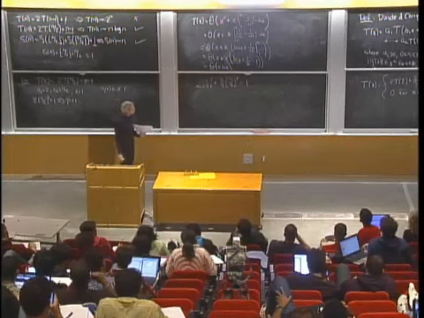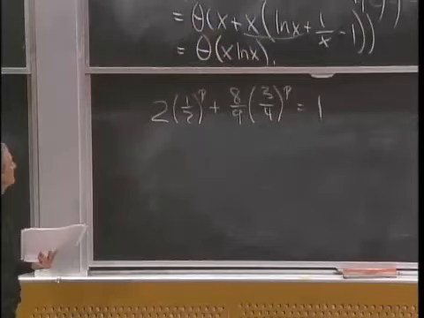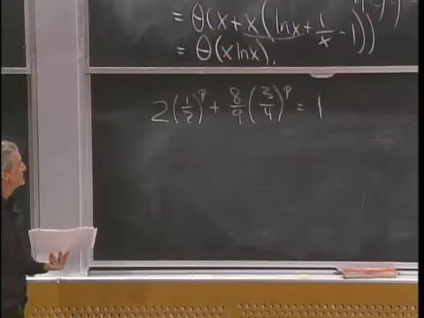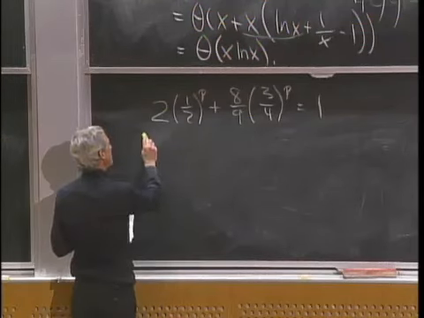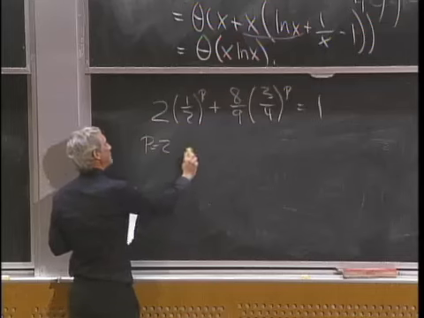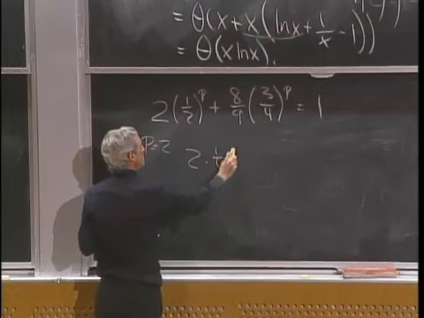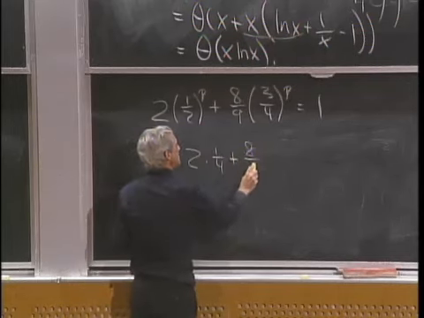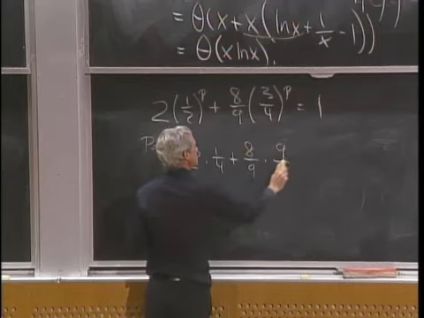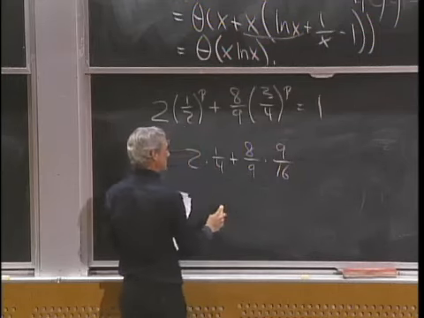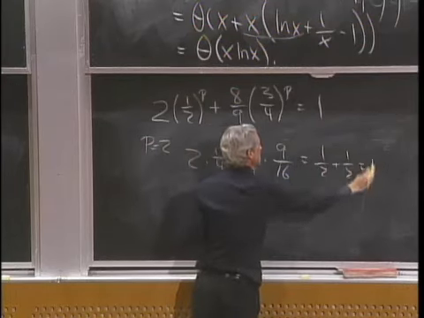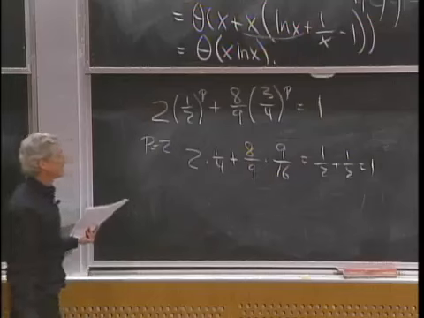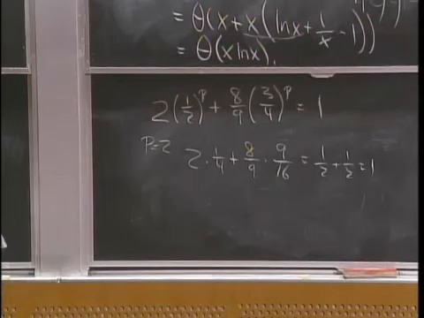P equals 1, not going to do it. P equals 2, let's try that. I'd have 2 times 1/4 plus 8/9 times 9/16. That looks pretty good. I get 1/2 plus 1/2 equals 1. So p equals 2 works. All right?